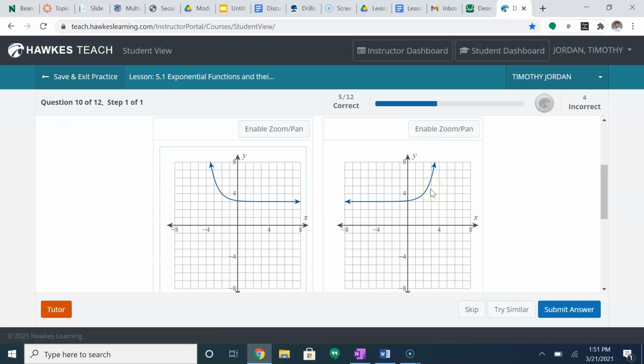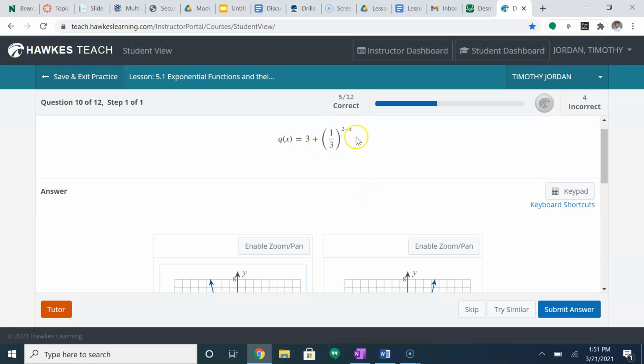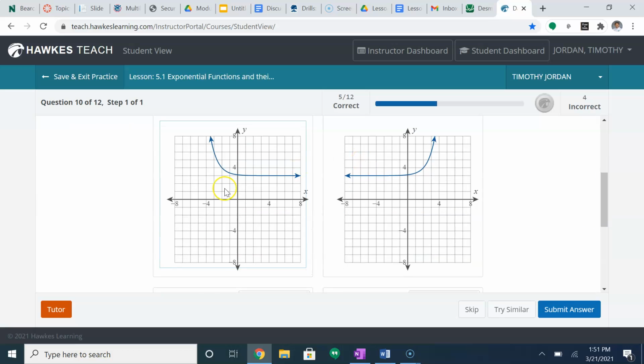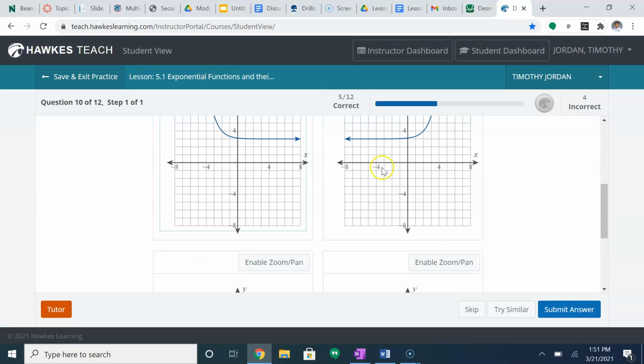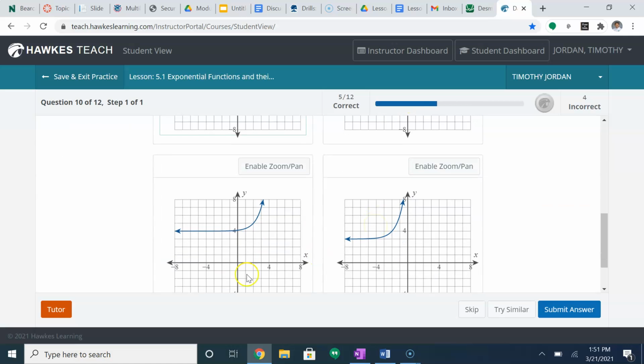So again, graphing, just do you understand the general shape? This is a decay. However, I move it up 3, I move it left 2, and I reflect it over the x. Or sorry, the y. So it was decay, but now it's going to be a growth problem, so it's got to be one of these 3. I moved it up 3.